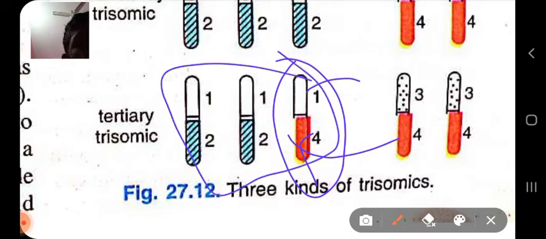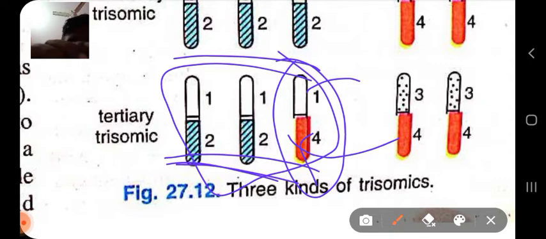Such a thing occurs due to non-disjunction, due to improper crossing over at unexpected, non-homologous regions, mismatches. Non-disjunction, improper segregation of the chromosomes to the opposite poles, leads to the formation of this translocated chromosome.